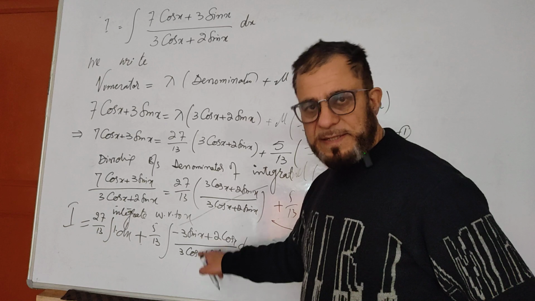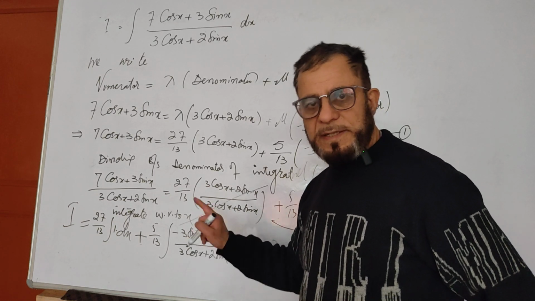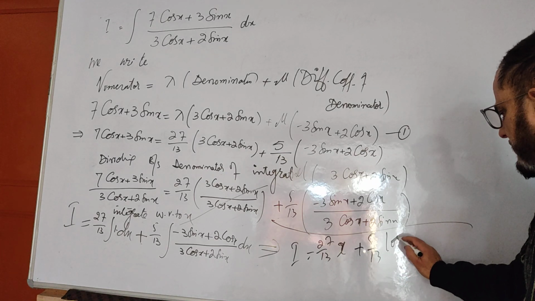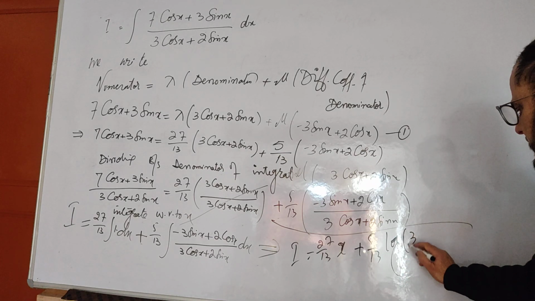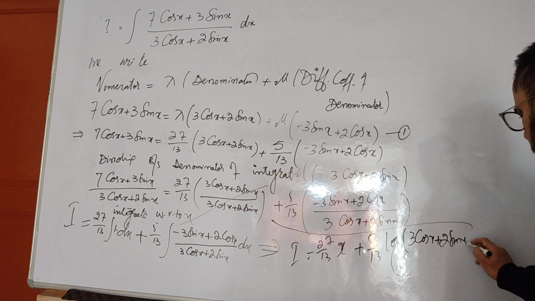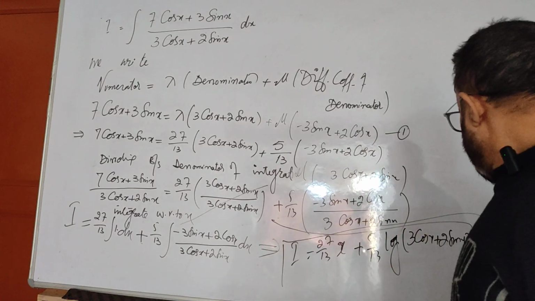This is f dash, this is f x. When you have an integral like this, it is log of the denominator. So it is plus 5 by 13 log of 3 cos x plus 2 sin x, plus c because it is an indefinite integral. So this is how we integrate such type of question. It is a shortcut.